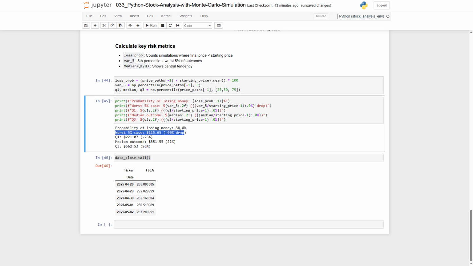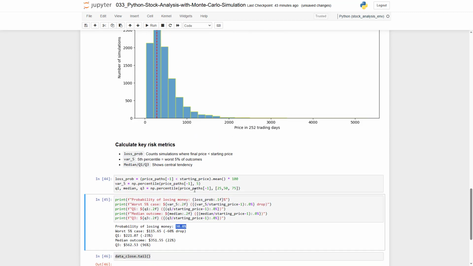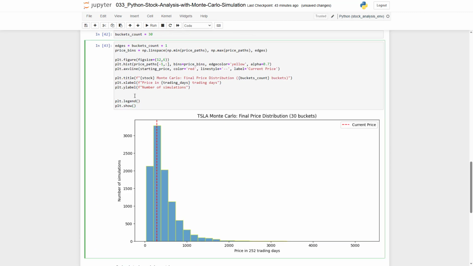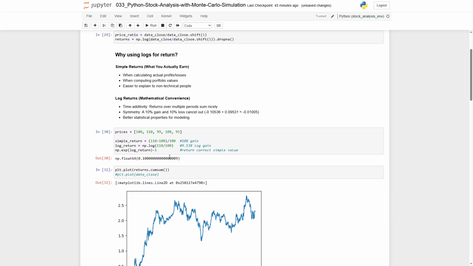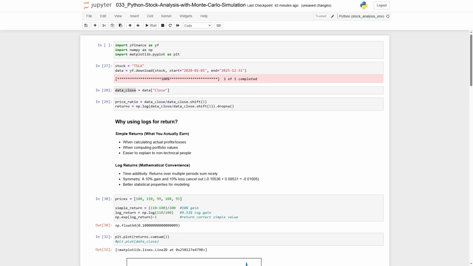The worst 5% are with 60% drop. Probability of losing money, this is an interesting one, close to 40. Yeah, and as I said, this one is just simulation. Nothing knows what's happening. And so far so good.